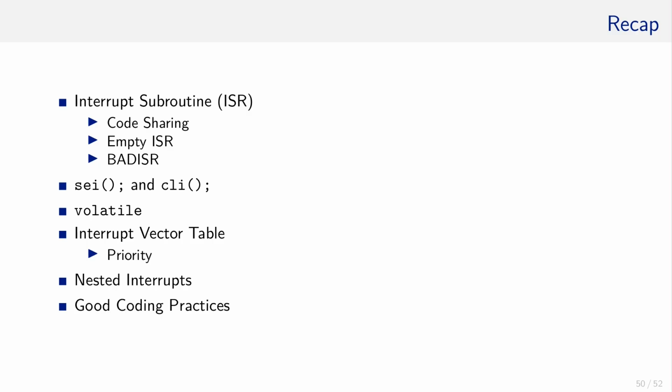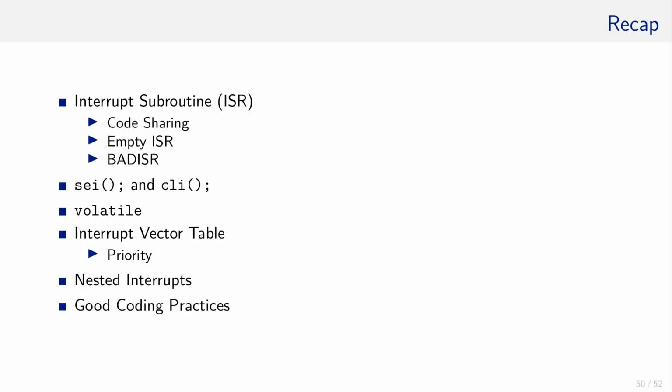In this chapter, we did quite a bit and learned about interrupts in the ATmega. We talked about the ISR, how to share the code in case two interrupt sources should execute the same ISR. We also talked about empty ISRs and the catch-all ISR called BAD_ISR. We saw that interrupts need to be activated globally and learned what the data type attribute volatile does.